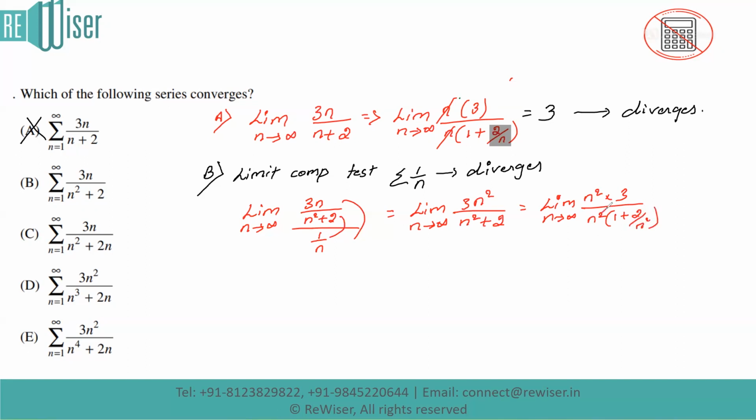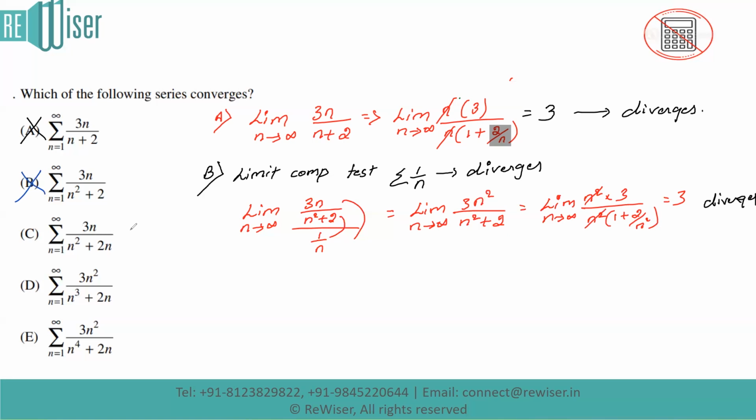With similar logic, I'll get 3. Whenever in the limit comparison test we get a finite value, both would diverge or both would converge. Because what we are comparing it with diverges, this one will also diverge, which means even option B cannot be the answer.